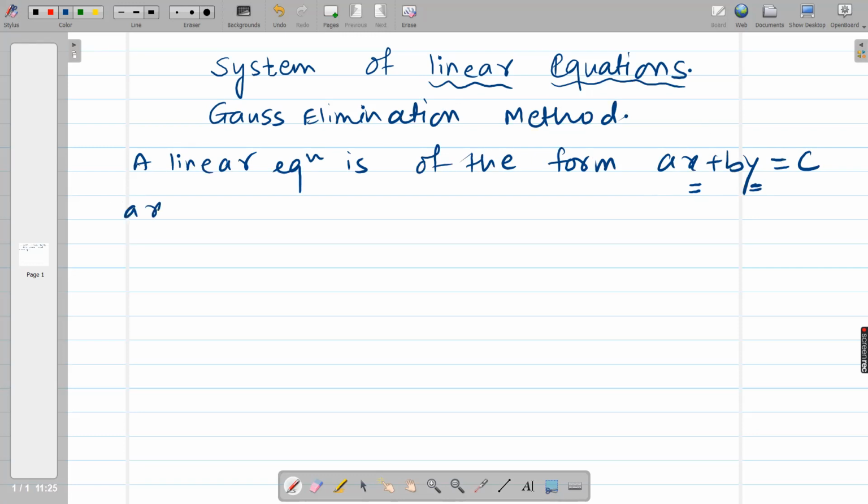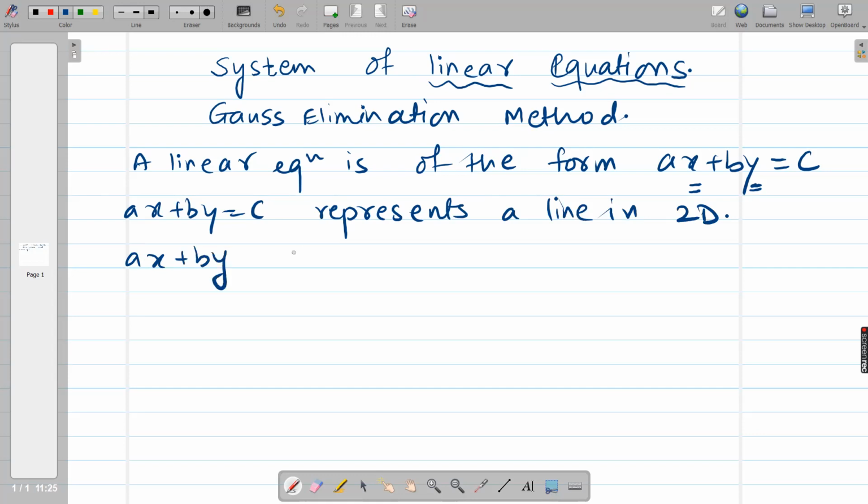So this ax plus by equal to c represents a line in 2D. If I increase the number of variables, I can have ax plus by plus cz equal to d. That would represent a plane in 3D and so on.